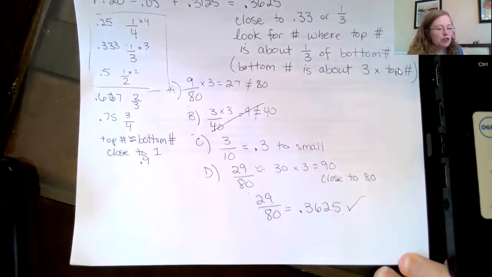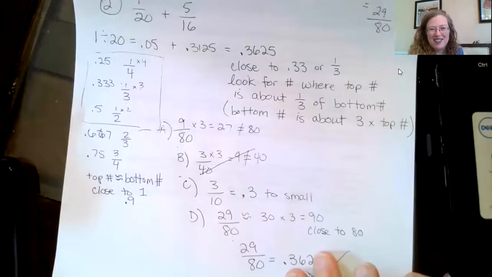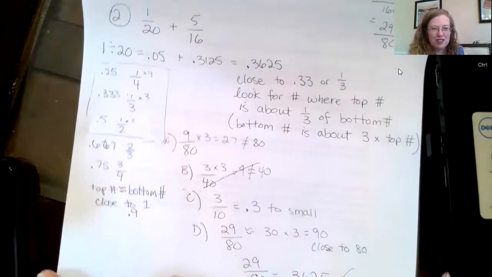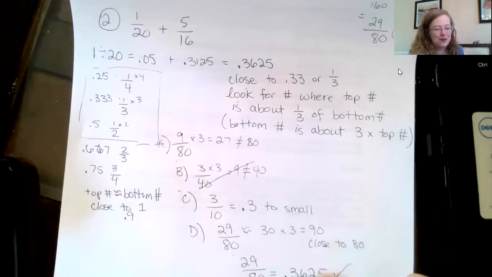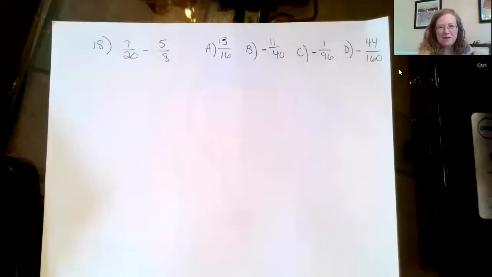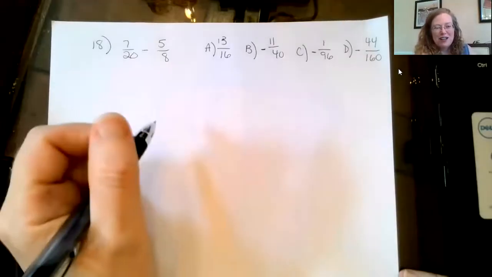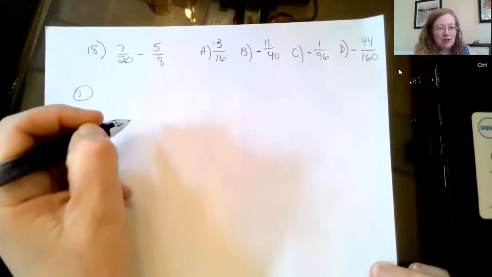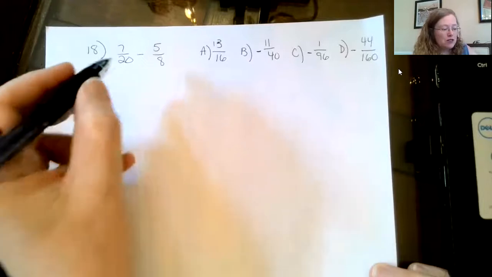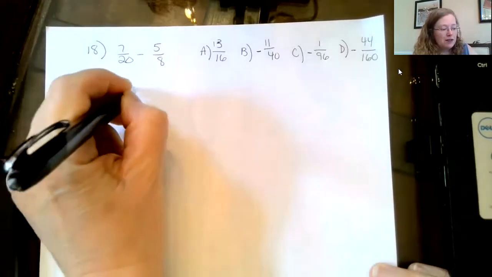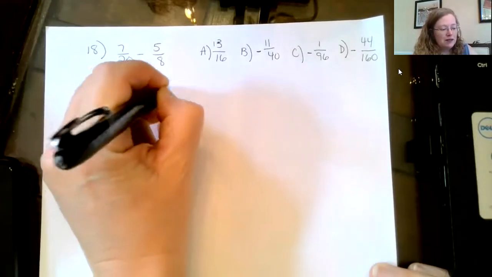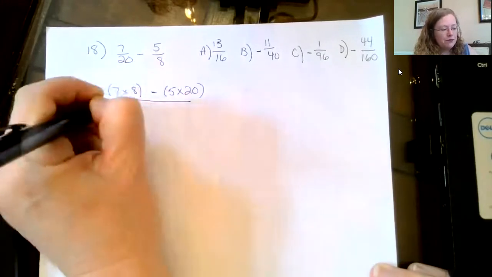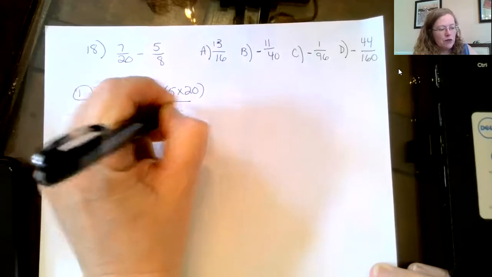Let's do one more, just because I know the next one is sneaky. It's got 2 possible answers, and so we can use a little bit of logic to finish that one out. Let's take a look at this subtraction problem. If you do it where you actually solve it, and you may decide to do the cross multiplying to get the common denominator quickly, then what do we have?